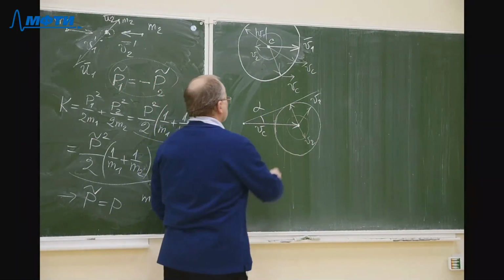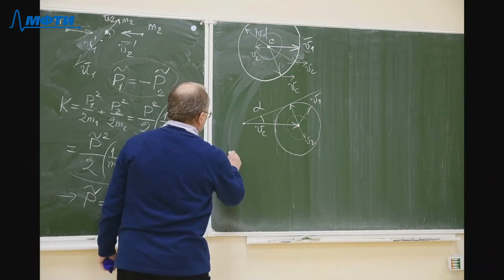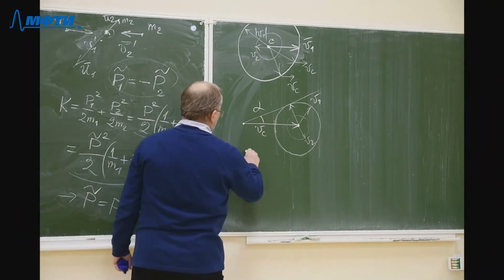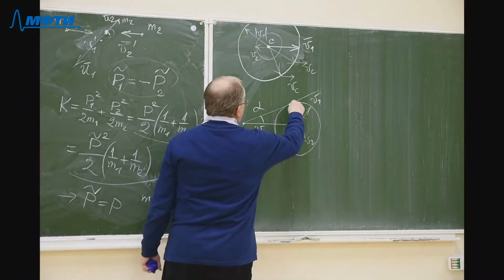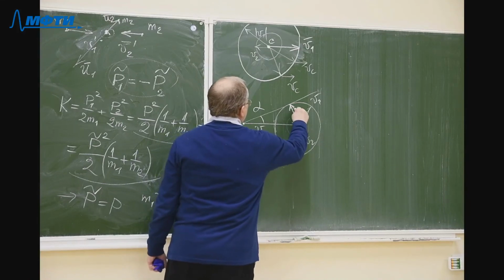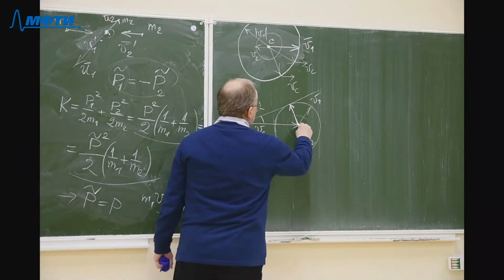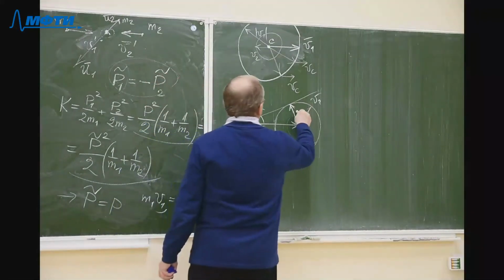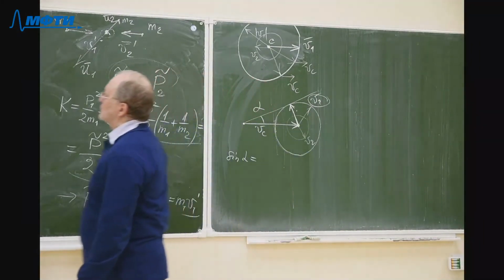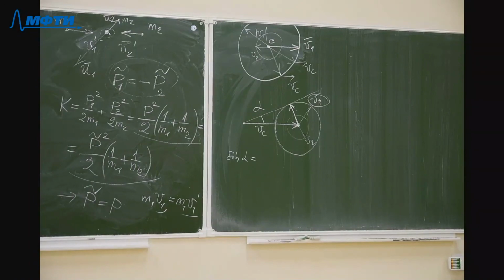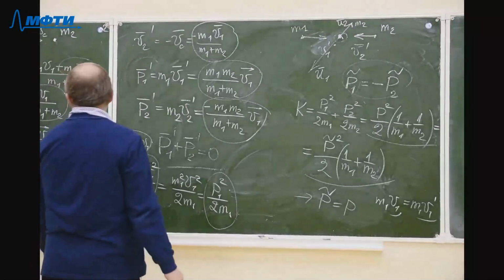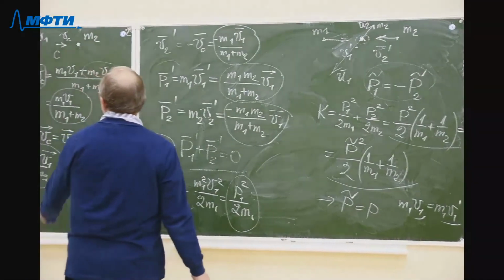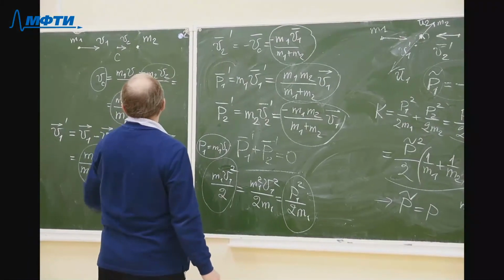The maximum possible angle is such that sine alpha is the length of this vector divided by the length of this vector. The first vector is the magnitude of velocity v1, and the second vector is the magnitude of the velocity of the center of mass.